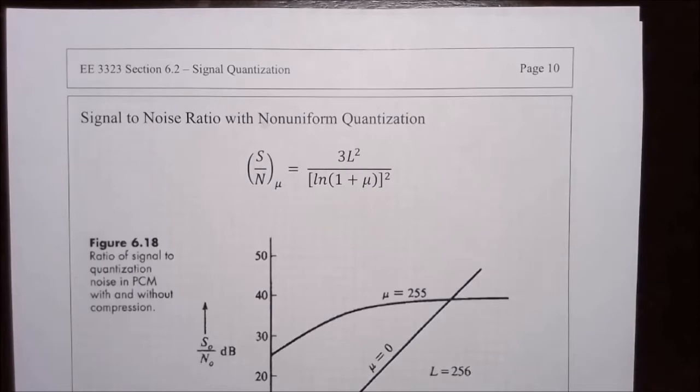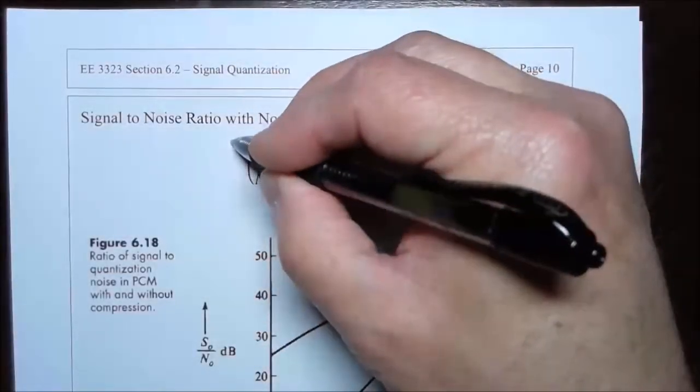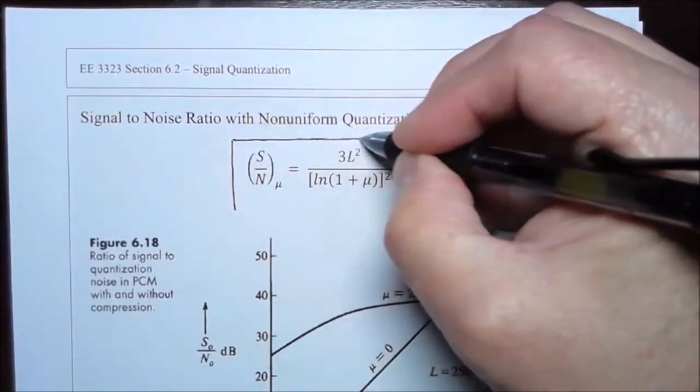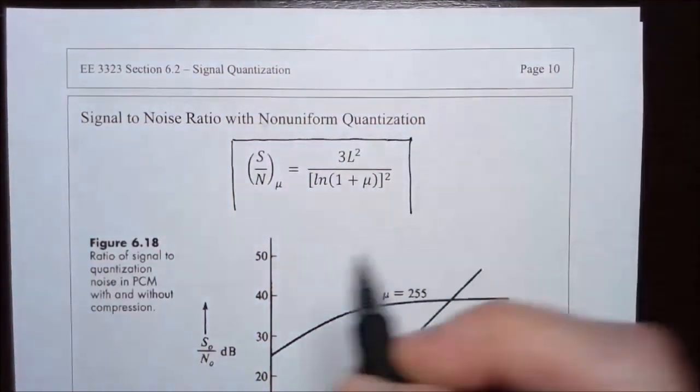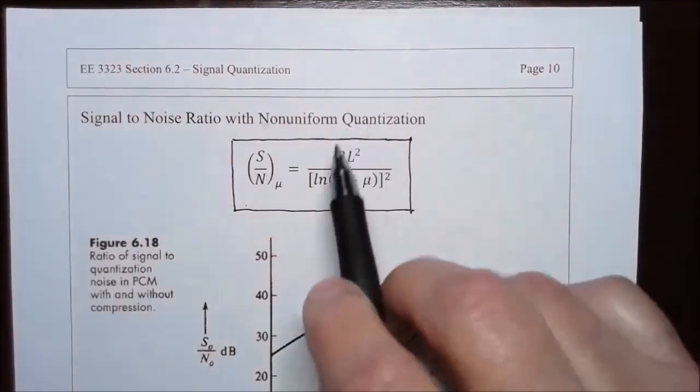But we will use the result that is expressed in our textbook for compression with a mu law compressor. And this is the equation as listed in our textbook. We will accept it without bothering to derive it.